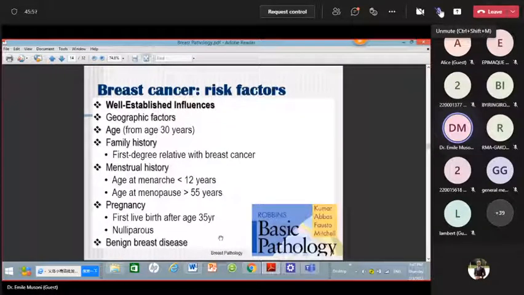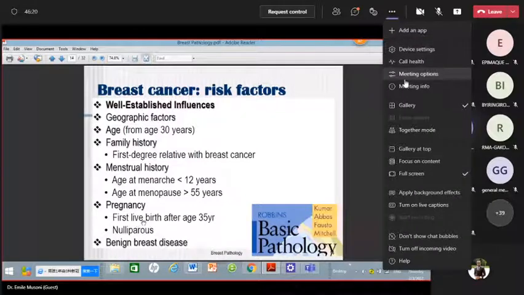So in summary, breast cancer risk factors include geographical factors, age, family history of those mutations, age at menarche less than 12, age at menopause over 55, first live birth or pregnancy after age 35, nulliparity, and some benign breast conditions. These are risk factors.